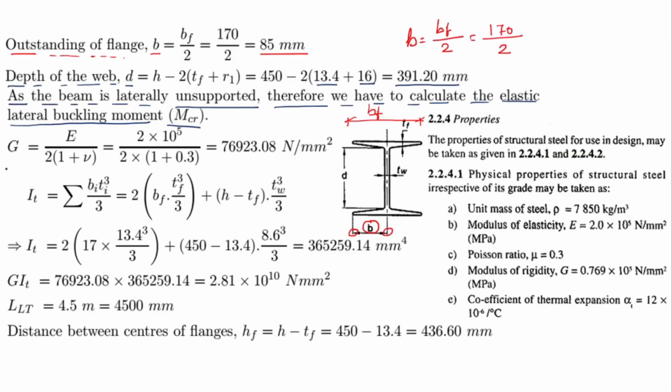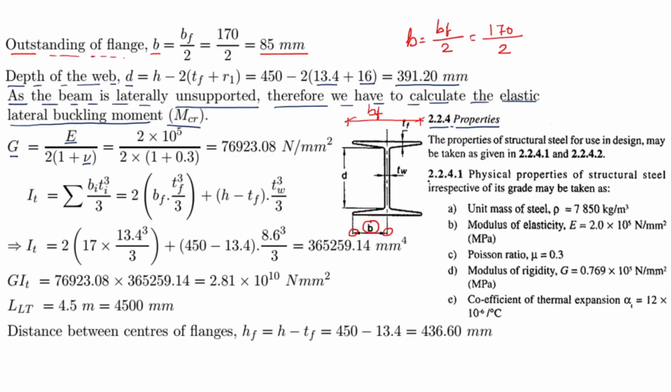First we shall calculate the modulus of rigidity, which is denoted by G, which is equal to E divided by 2 into 1 plus nu. E is the Young's modulus and nu is the Poisson's ratio. If I follow the clause number 2.2.4 of IS 800-2007, which gives the properties of structural steel we use for steel design.